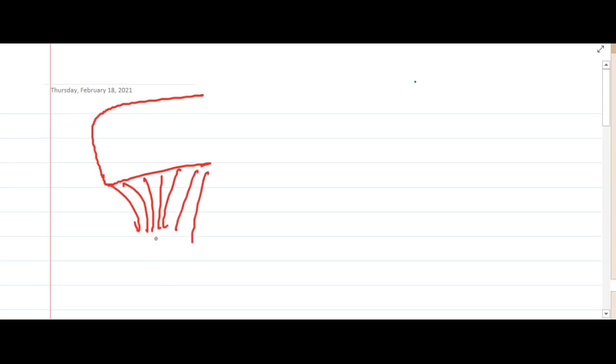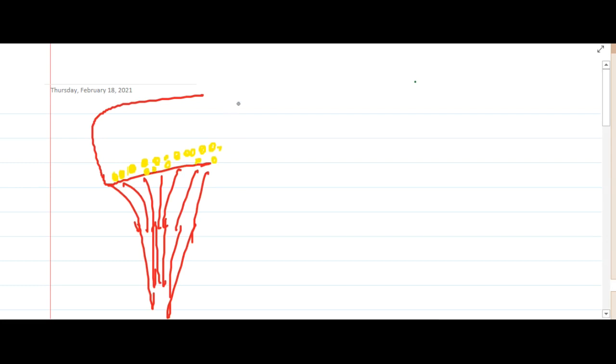This is the heart valve, and if the vegetations are present here in the heart valve like this, I will just draw round vegetations. These are the vegetations which are seen. These vegetations are small warty vegetations present along the lines of closure.